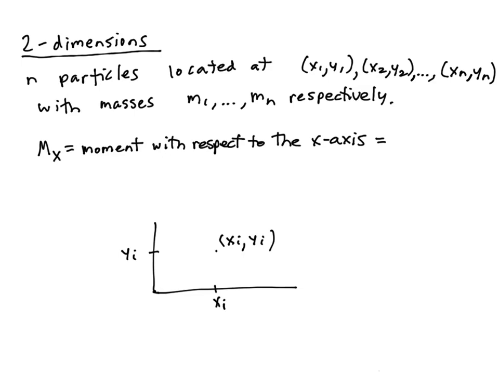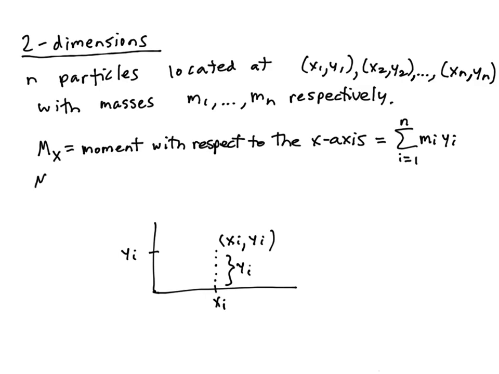So how far away is this point from the x-axis? Well, it would be this distance right here, which is actually yi, isn't it? Therefore, the way you calculate the moment with respect to the x-axis is you add up all of the masses times the y-coordinates of the points. And again, the reason is because the y-coordinate of a point tells you how far away from the x-axis you are.